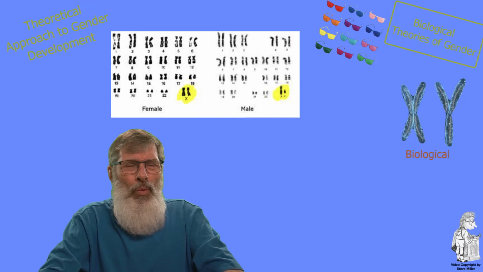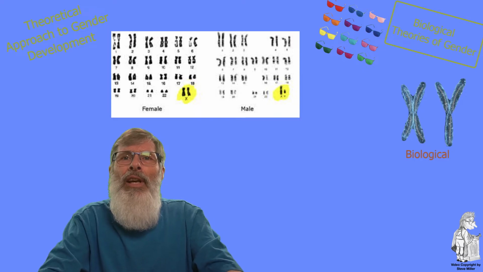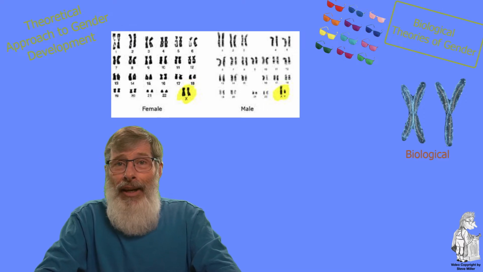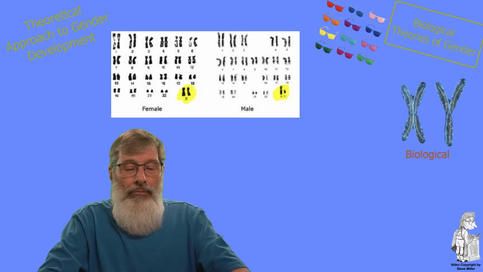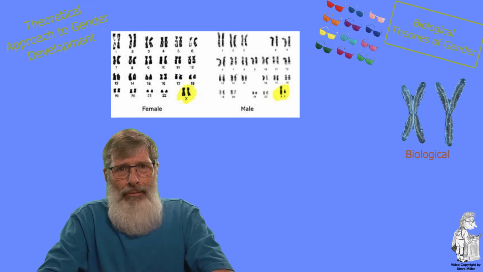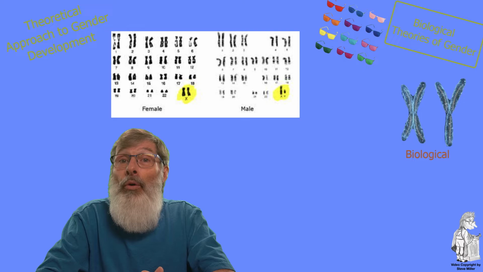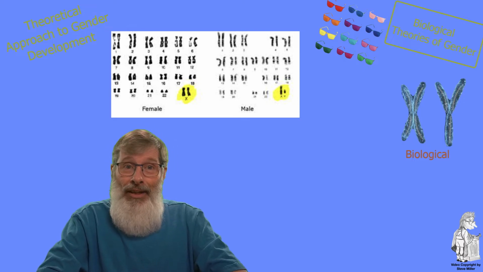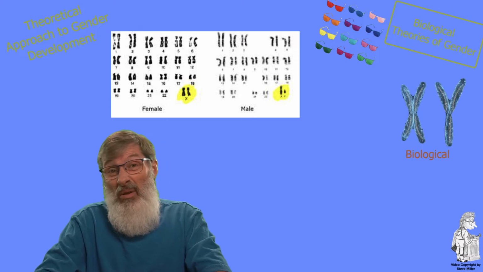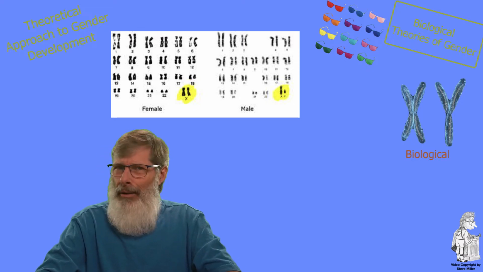Men have an X and a Y, whereas women have two X's. And it's having the two X's where, if one X has a bad element to it, the second X might override that bad connection. And that preserves women's chromosomal integrity a little better than men's.